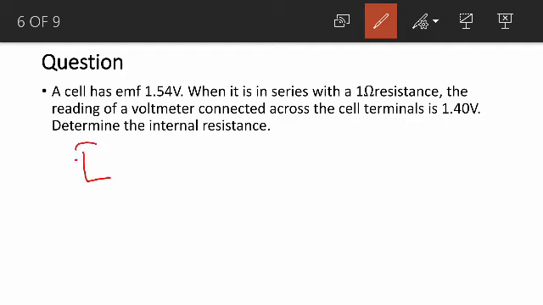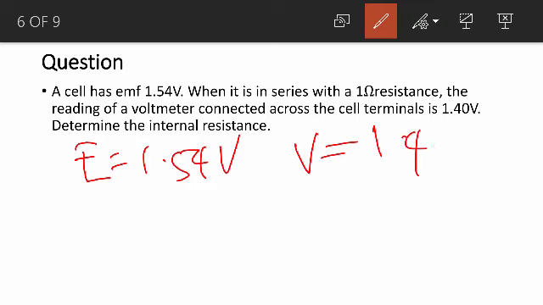We are given the EMF here to be equal to 1.54 volts, and the voltmeter connected across the cell terminals reads 1.4. That is the reading when the cell is supplying current. So that is actually the load voltage, or you can call that the terminal voltage, which is 1.40 volts.